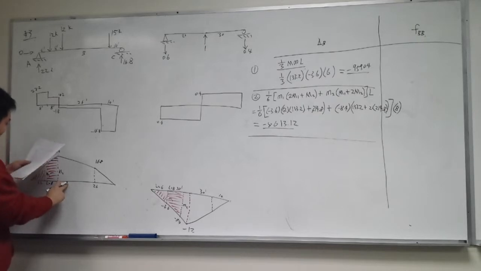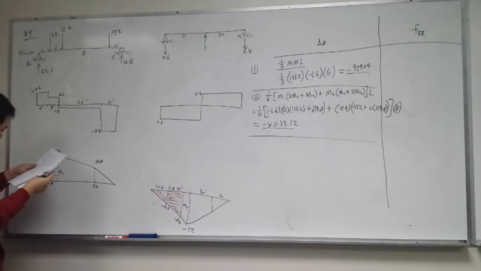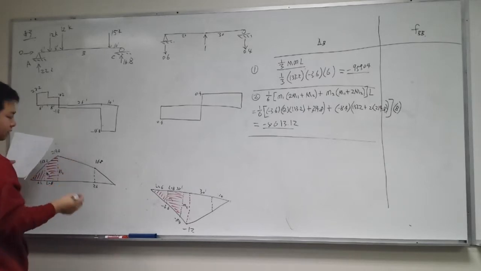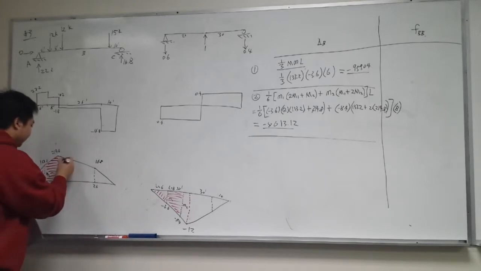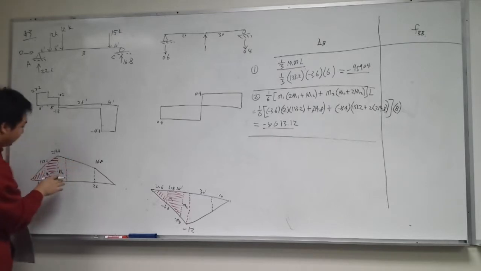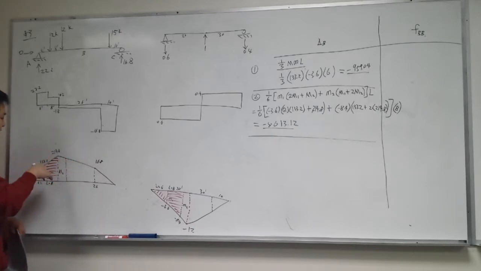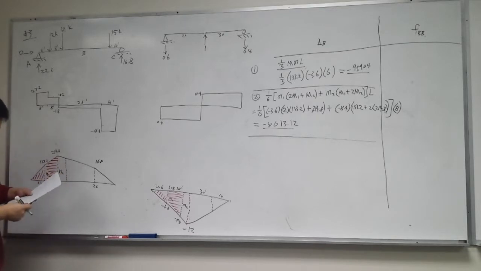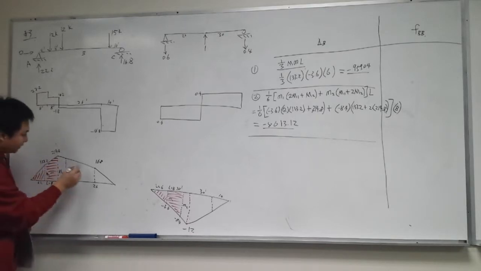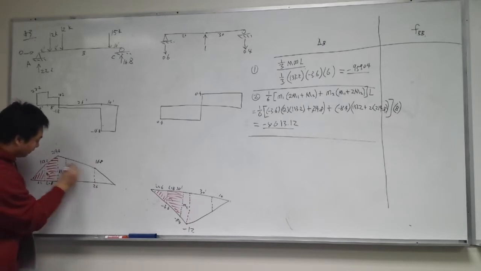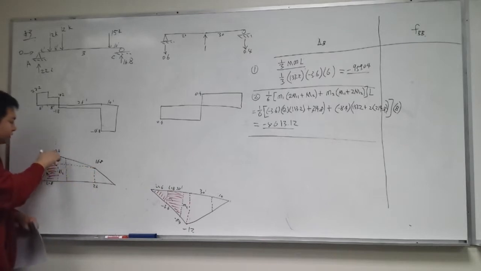So we have 6 over here. So you can have this little piece over here. You have to find this triangle over here. It's a little tricky. You use this triangle to find the similar triangle.